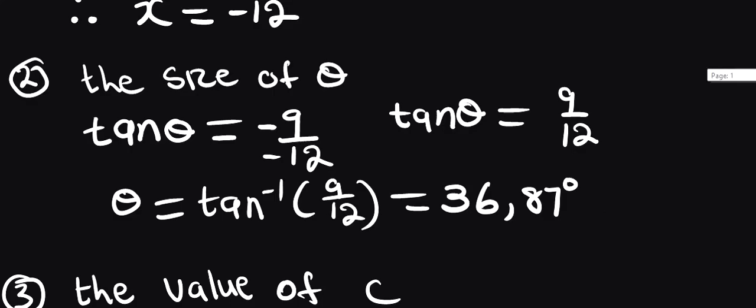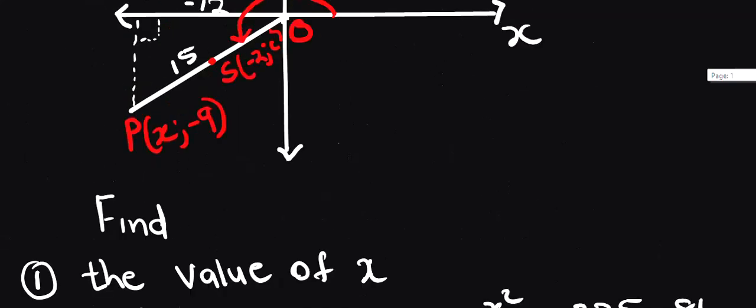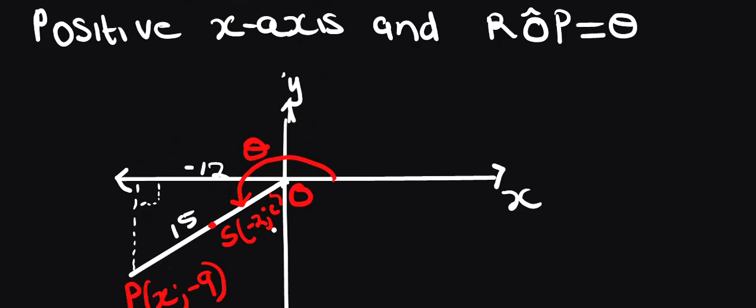Right, let's move on to the next question, which says find the value of c. Let's go back to our diagram. Here is the value of c. We know the value of x in coordinate S, which means we are required to find the value of y. We can use the information that we already have.